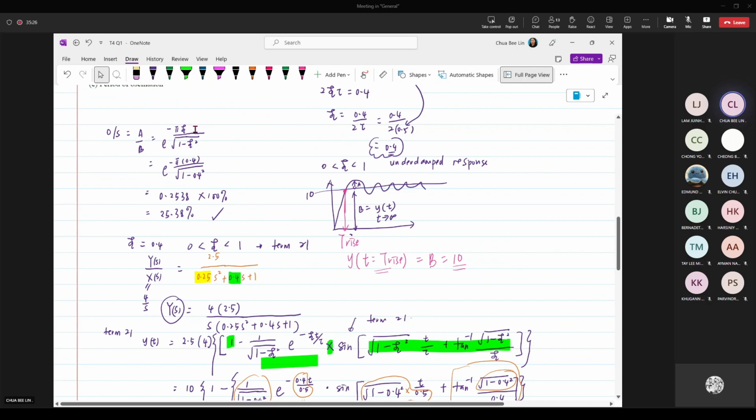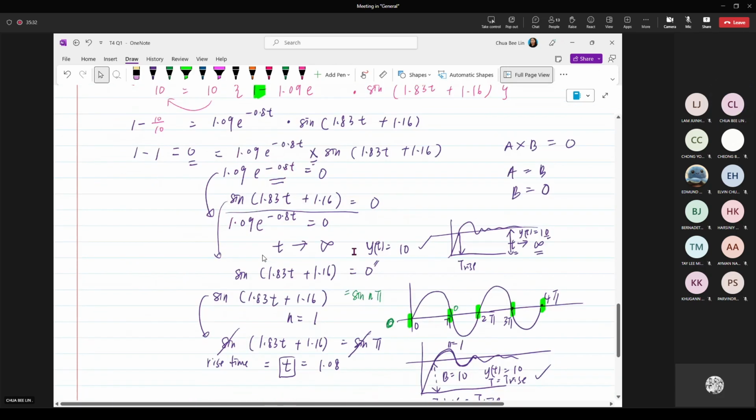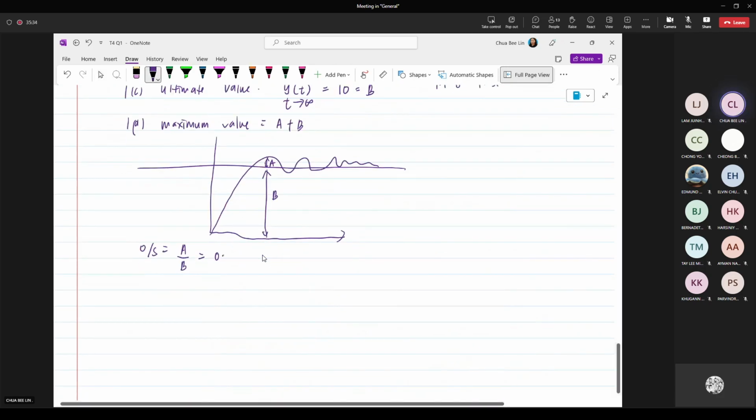Only the damping factor you need to calculate the overshoot. And you know your B is equivalent to 10, where your B is actually the ultimate value. When your t goes to infinity, you get your y(t) equals 10, where this is your B.